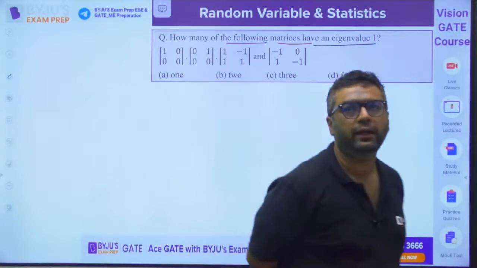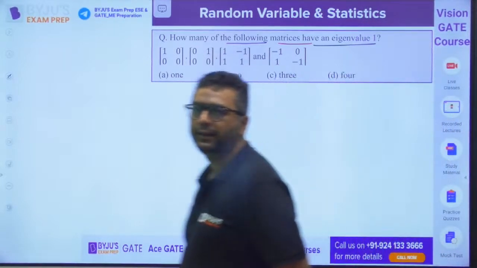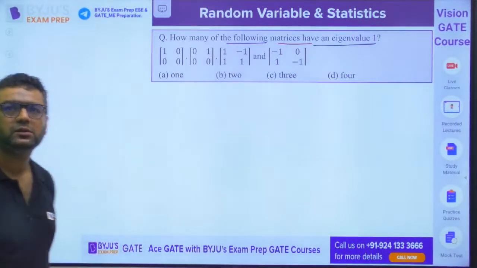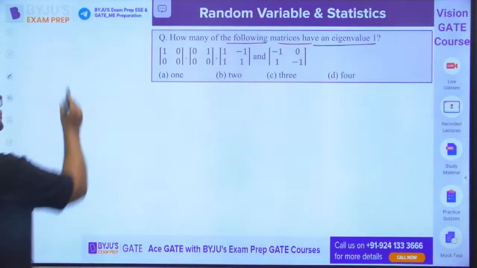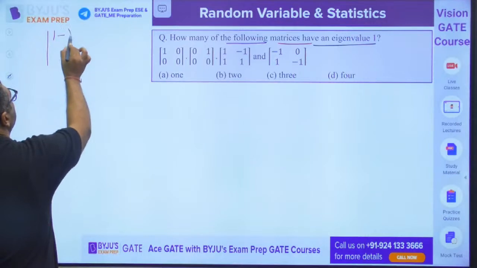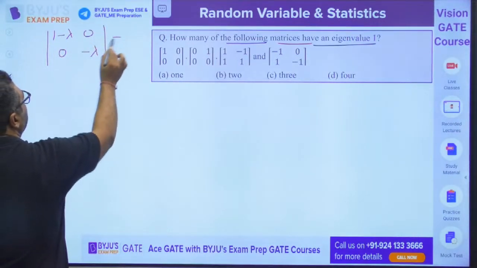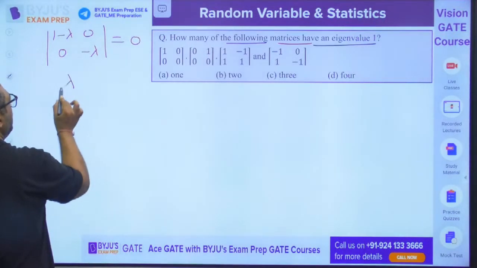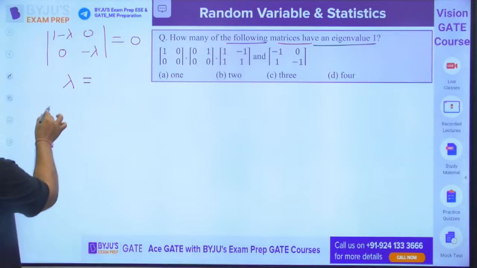Yes, very good. So we will be having 1 minus lambda, 0, 0 minus lambda. Equate it to 0 and find out the values of lambda. They are the eigenvalues. Then you will go for the second matrix.